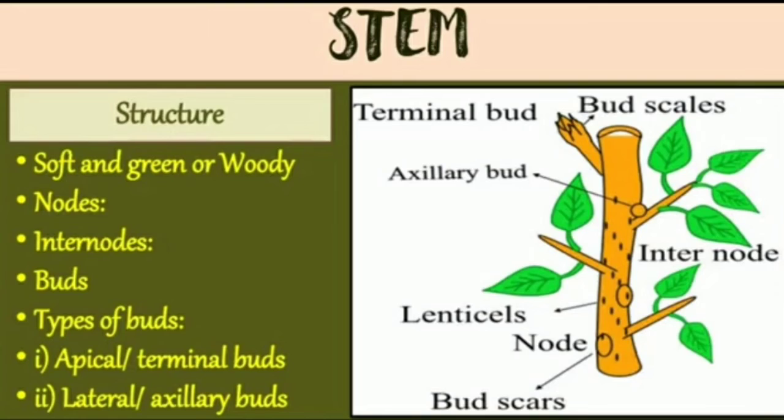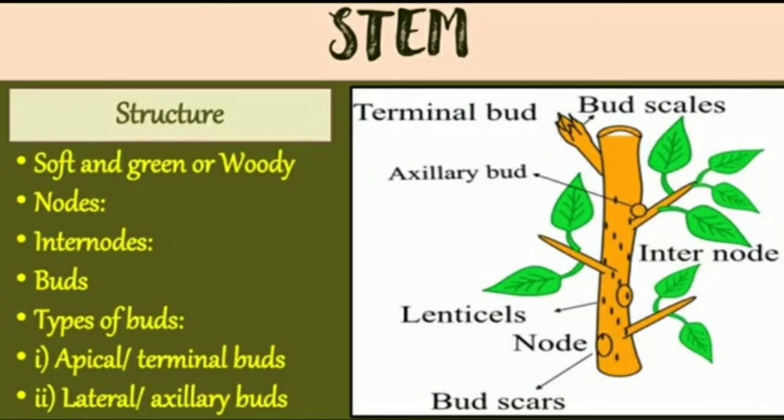And also children, from these nodes, as you can see on the screen, leaves come out. The part between the two nodes which you can see here is called internode.